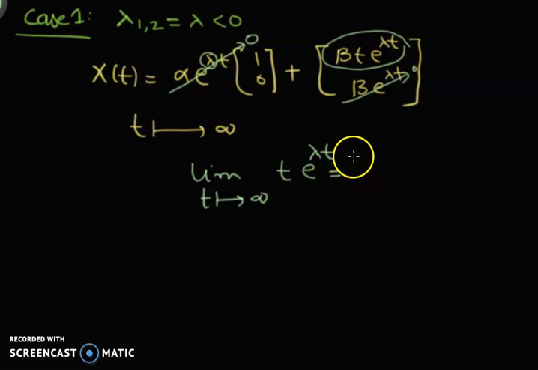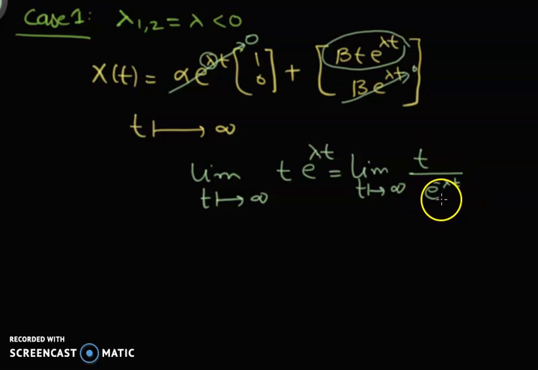You can write this as the limit as t goes to infinity of t over e to the minus lambda t. Now if t goes to infinity, the numerator is infinity, and because lambda is negative, minus lambda is positive, so the denominator also goes to plus infinity.